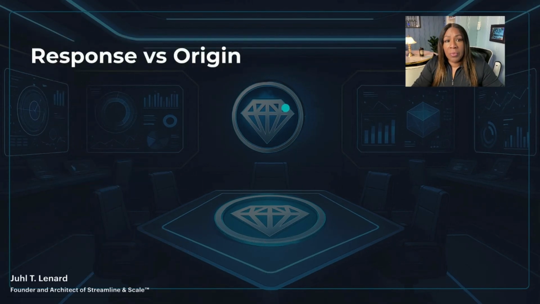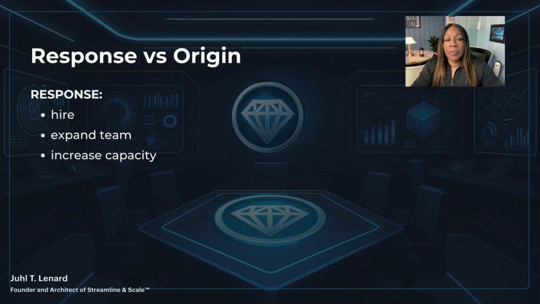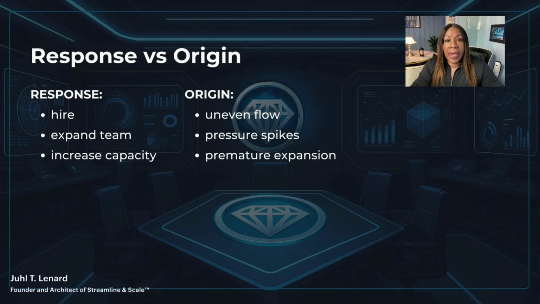So we talk about response versus origin. In other words, what quadrant did you respond in, and where was the actual origin of the constraint? So the response is to hire, expand the team, and increase capacity, okay? But the actual origin of the issue is uneven flow, pressure spikes, and premature expansion, okay?